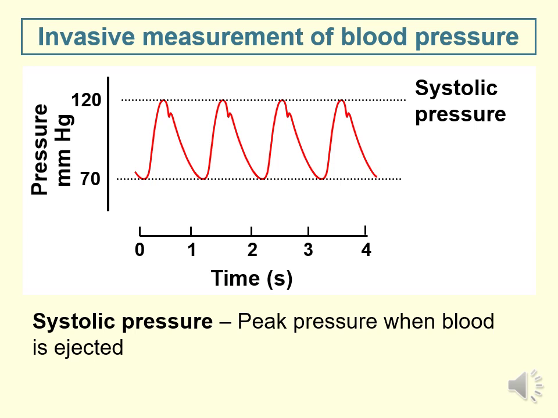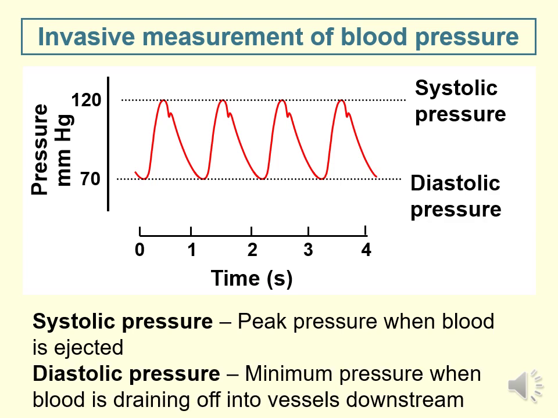The highest pressure that's achieved in your arteries is what's known as the systolic pressure. This is the pressure when blood is actively being ejected by the heart into your blood vessels. And then the lower one is what's known as the diastolic pressure, and this is what your blood pressure would drop to during the period when your heart is no longer pumping blood.